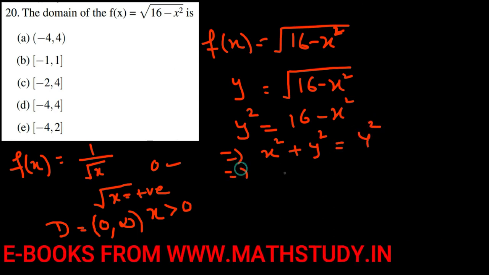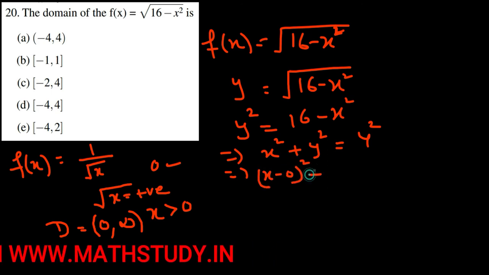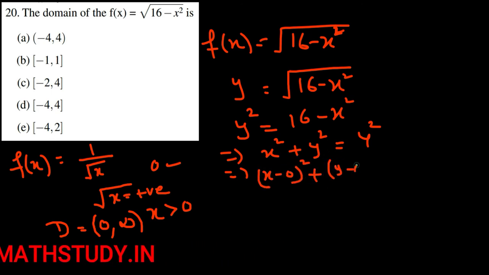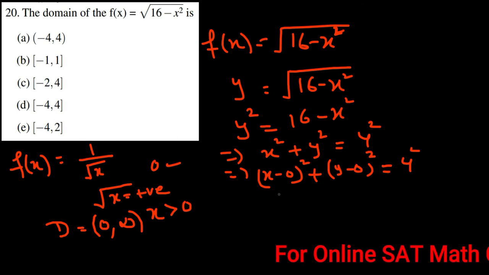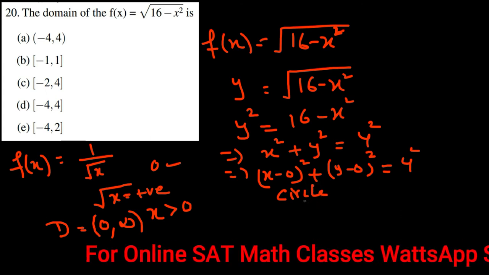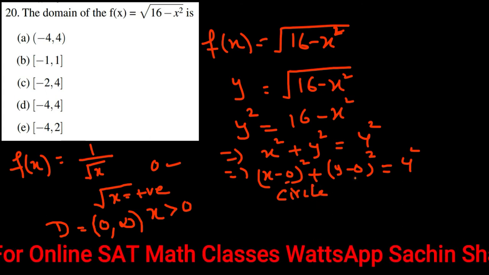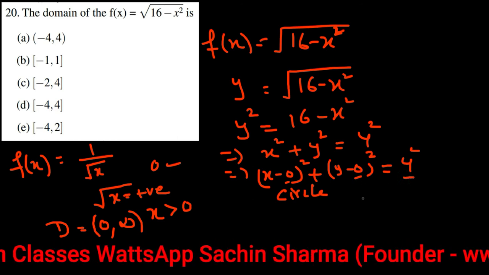Or we can write it this way: x minus 0 whole square plus y minus 0 whole square equals 4 square. So students, this equation is basically the standard equation of a circle. This circle has center at (0, 0) and radius 4 units.